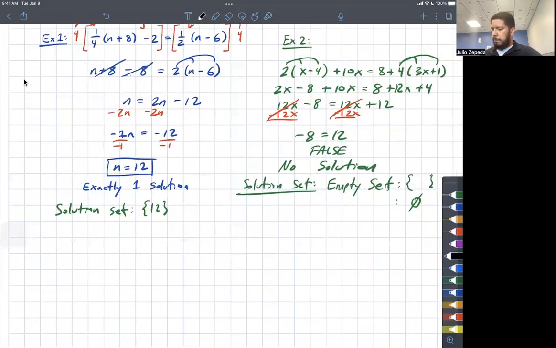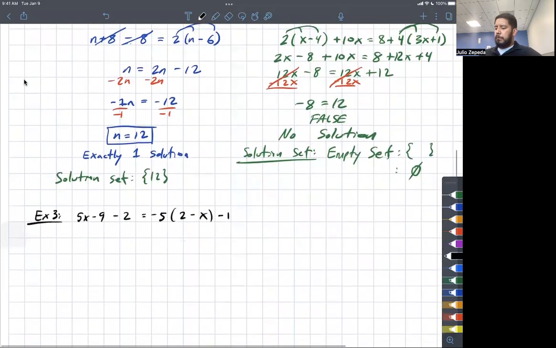Example number 3. Five x minus 9 minus 2 is equal to negative 5 times 2 minus x minus 1. We can distribute on the right-hand side.